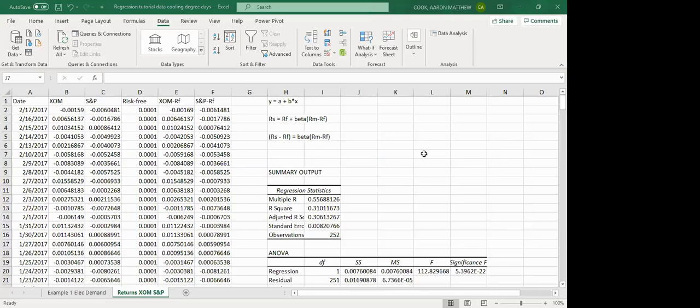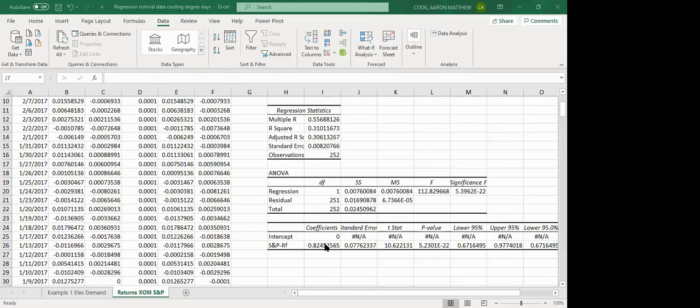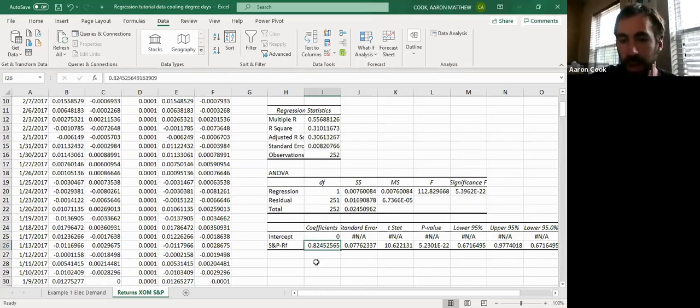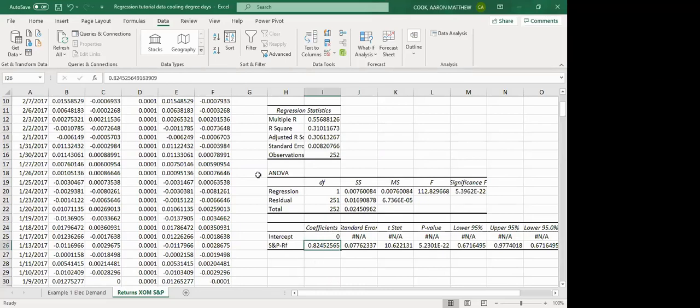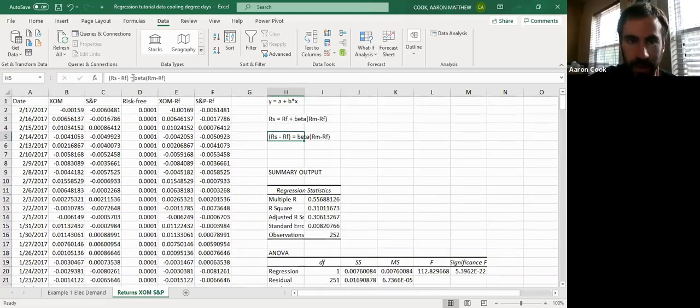So in this case, would the beta just be that first number, the multiple R? Yeah, in this case, the beta would be the 0.82, which is the coefficient, it's this number which we're estimating.